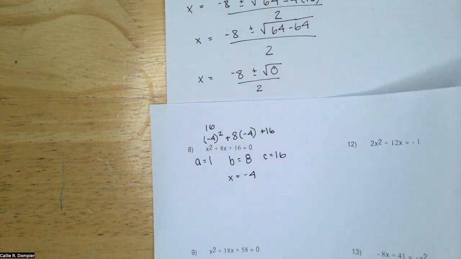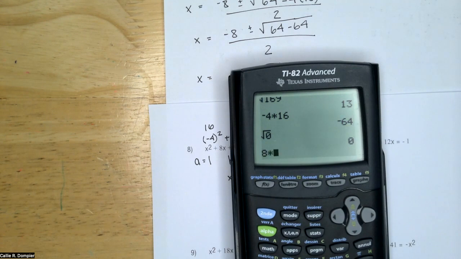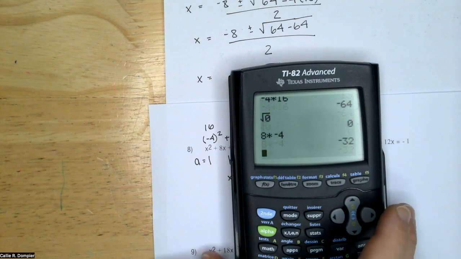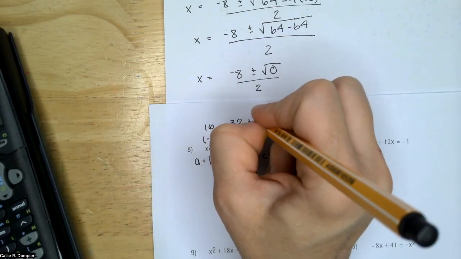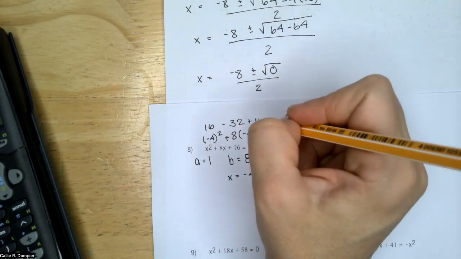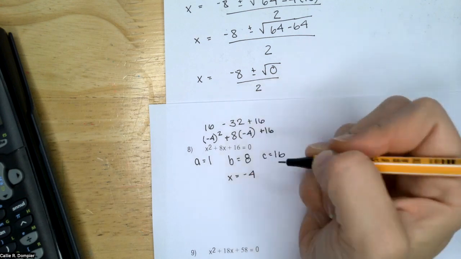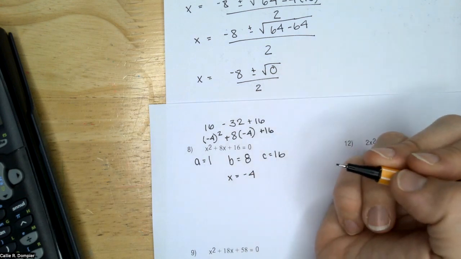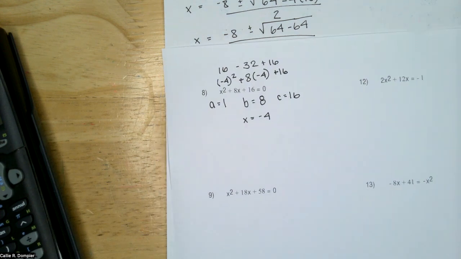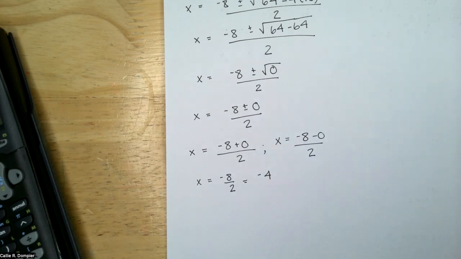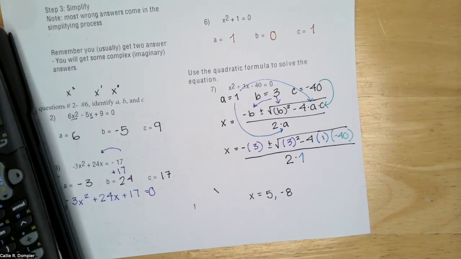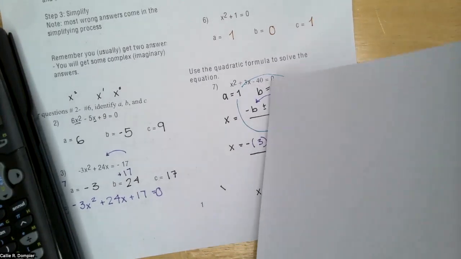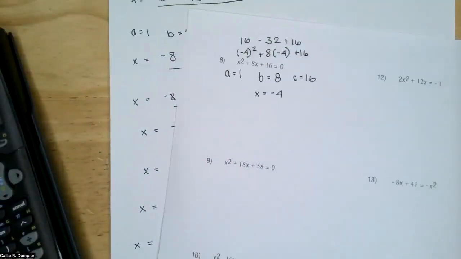And then 8 times -4 is -32. So it'll be 16 minus 32 plus 16. The 16 and the 16 are a positive 32, and then a positive 32 minus 32 is 0. So that will equal 0. So you can always check each of your answers. For number 7, we would have checked both the answers we got. You can put in 5 and make sure it equals 0. Put in -8 to the original one and make sure it's equal to 0.